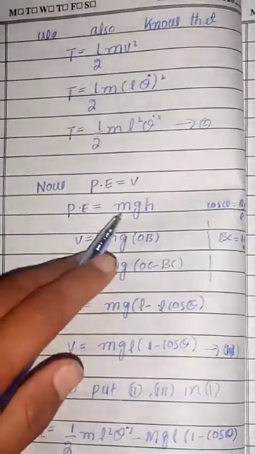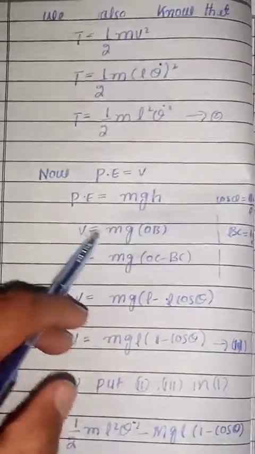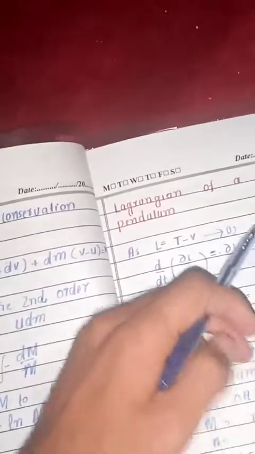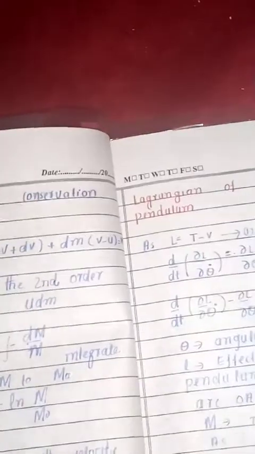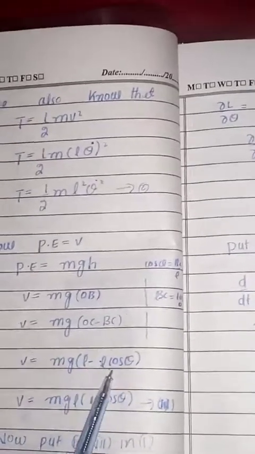The potential energy at a certain height of the pendulum is equal to mgh. So V will be mgh, where h is the height, represented by OB. OB is OC minus BC. OC is represented by L, the length, and BC is represented by L cos theta.